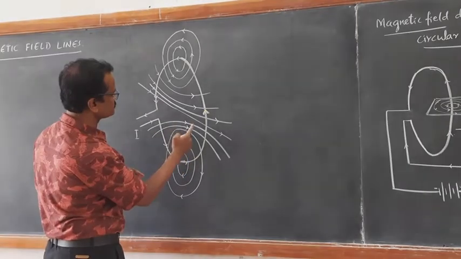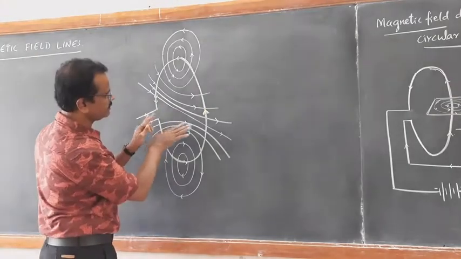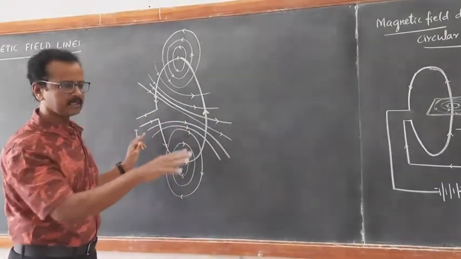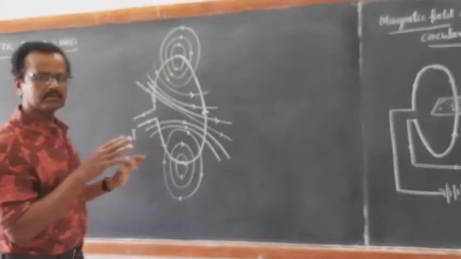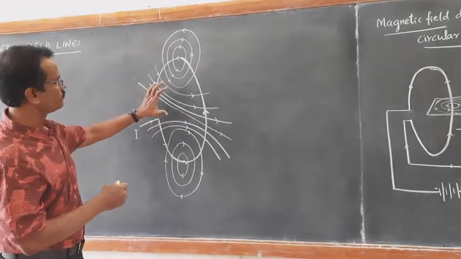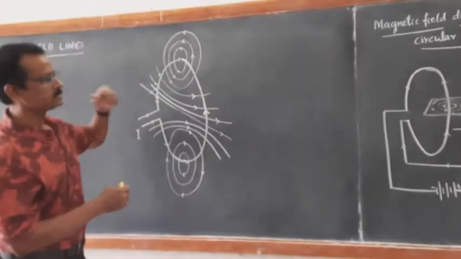When you look at this, the field lines very close to the center are becoming larger and larger. They are part of larger circular closed loops, and this is how the field lines can be drawn for a current carrying circular loop.